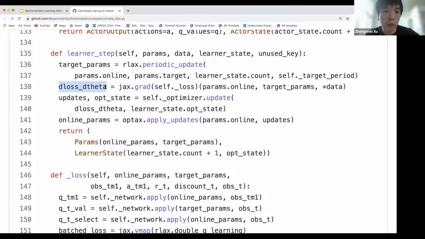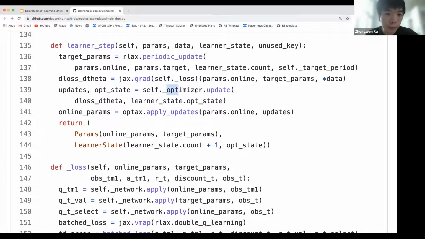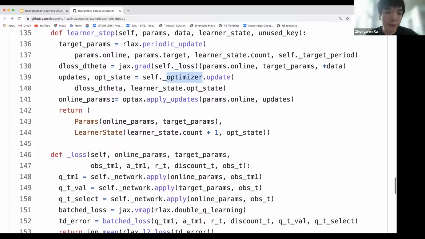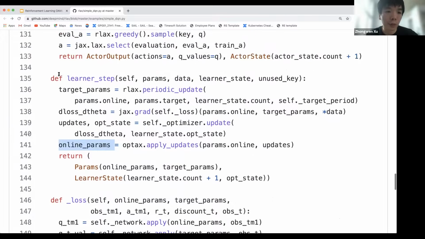You can obtain the gradient of the loss with respect to the parameters theta. Then we use the optimizer to update the online parameters. So it's quite simple: three steps, update your target network, obtain your gradient, and then update your parameters.